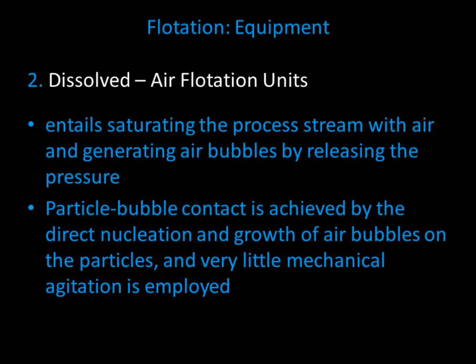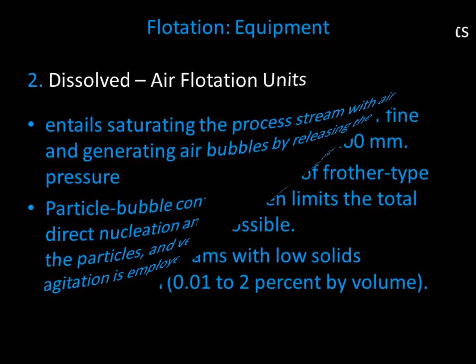Let's proceed to the second type of flotation equipment, which is the dissolved air flotation units. Dissolved air flotation entails saturating the process stream with air and generating air bubbles by releasing the pressure. Particle bubble contact is achieved by the direct nucleation and growth of air bubbles on the particles, and very little mechanical agitation is employed.